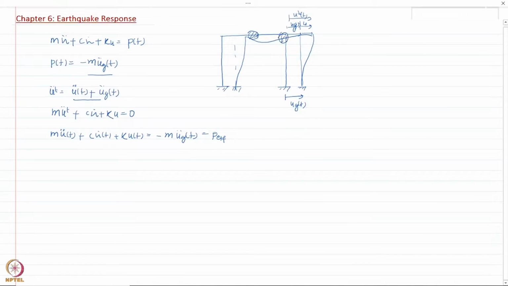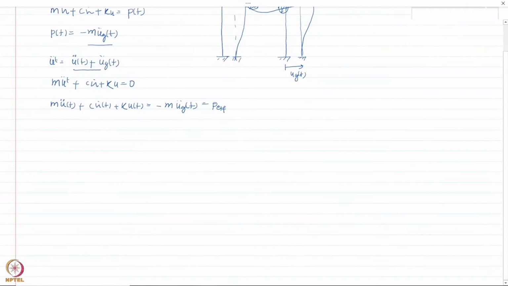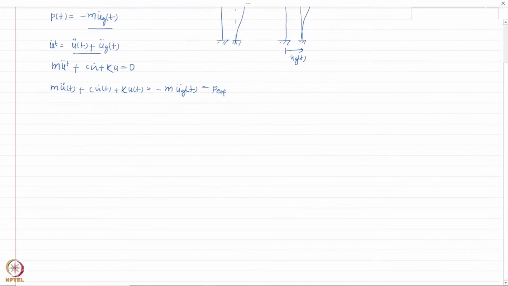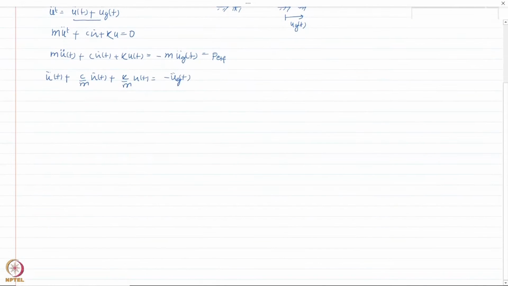All right, so let us do one more thing. Let us divide this whole equation by m, so that I can get my expression as c by m u dot plus k by m u of t equal to minus the ground acceleration.